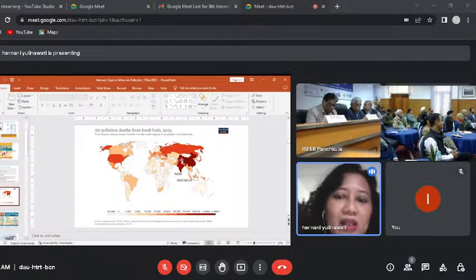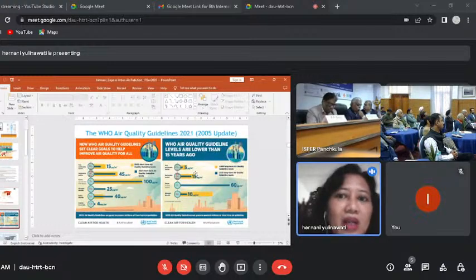We'll see the darkest red in this picture. And in 2021, the WHO revised the air quality guideline. It's more stringent compared to the 2005 guideline.